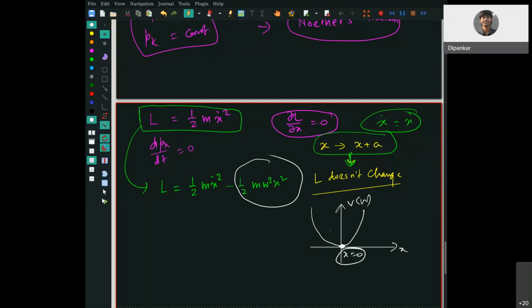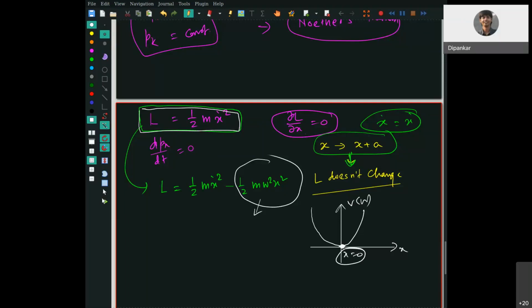So your origin has a preferred location if you have this Lagrangian. But if you have just this Lagrangian, then your Lagrangian does not have a preferred choice of origin. You can choose your origin anywhere. And that is the essential statement of symmetry.